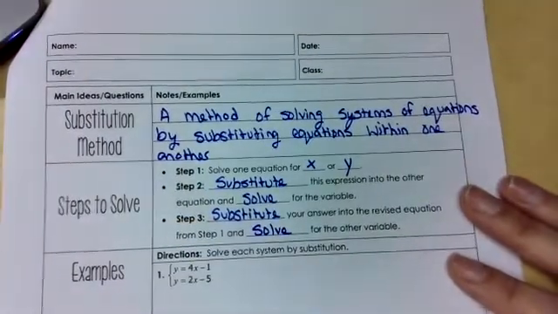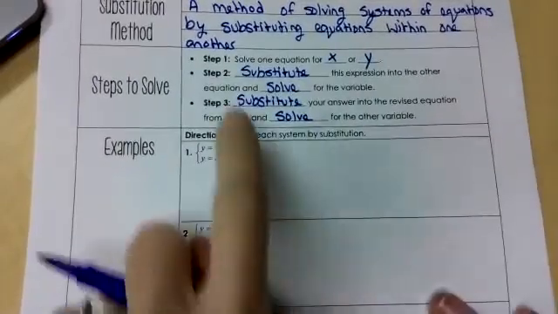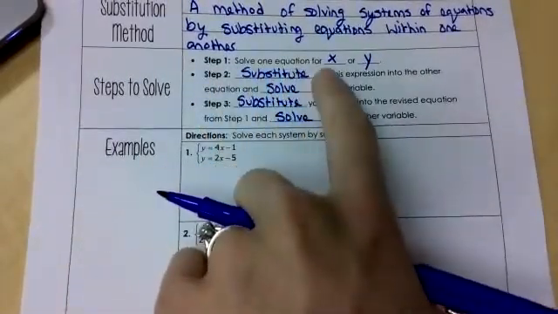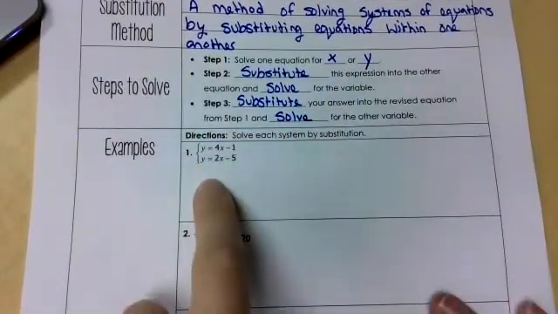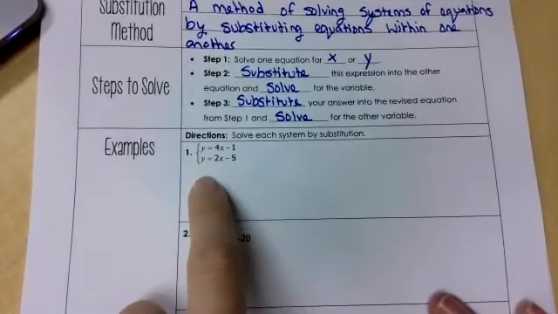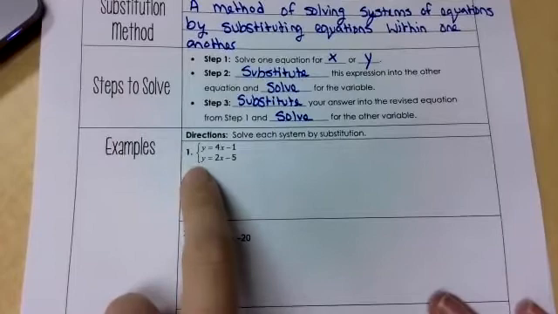All right, so let's do an example. So remember, step one is to solve one equation for either x or y. If I'm looking at number one here, this is the best case scenario because both equations are solved for y already. I've already isolated y in both.